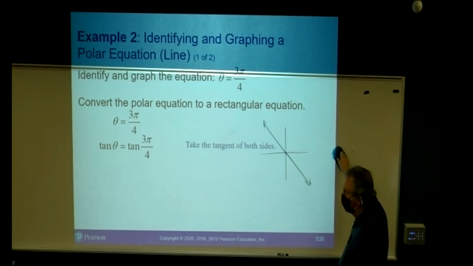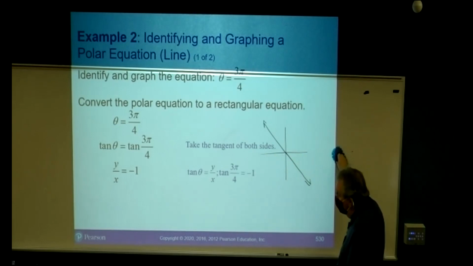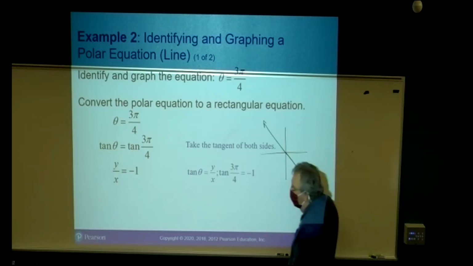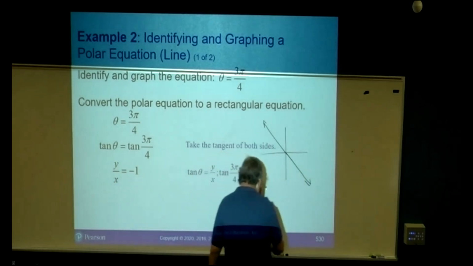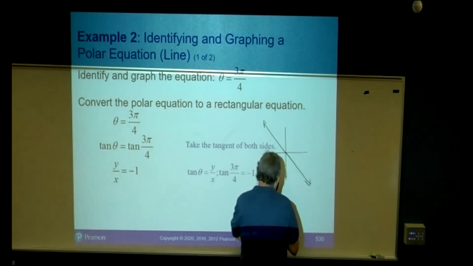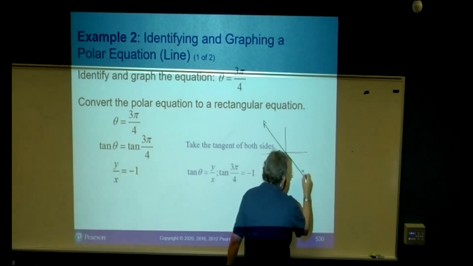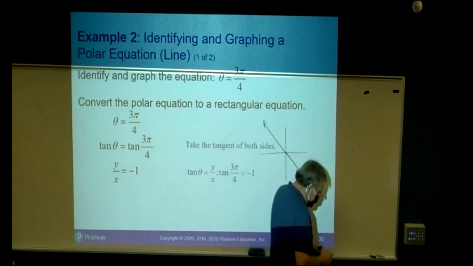Take the tangent of both sides. So y over x equals negative 1. Why do we want to take the tangent and get that? Okay, so if I multiply both sides by x, I get y equals negative x, and that's what this line is. This line here is y equals negative x.